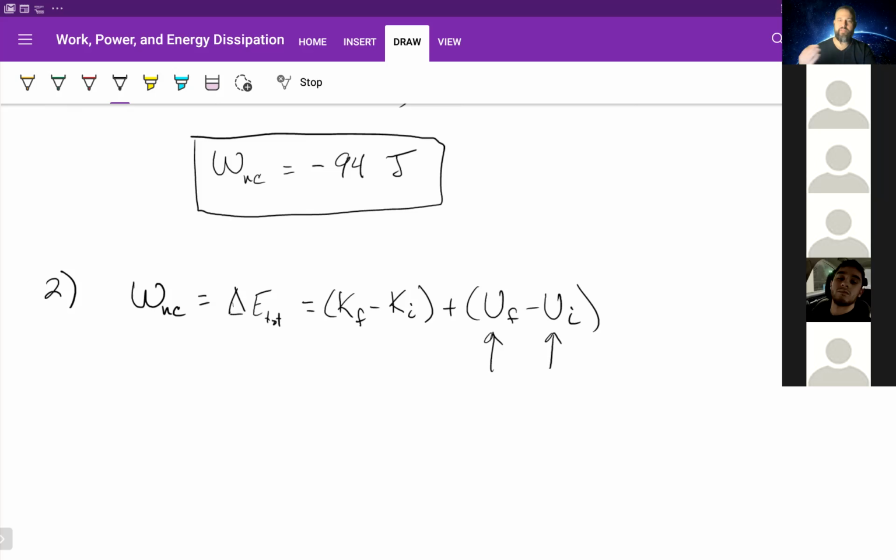So we don't have any vertical change. There's no spring, nothing like that. So we have no change in Y, and we have no spring. Okay, so both of these are going to be equal to 0.